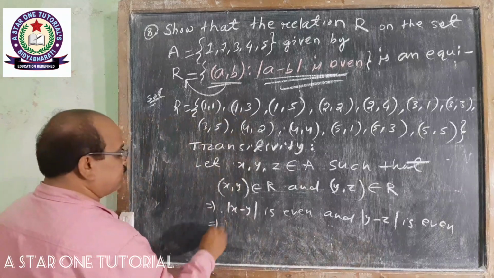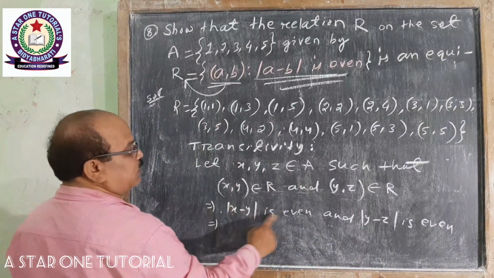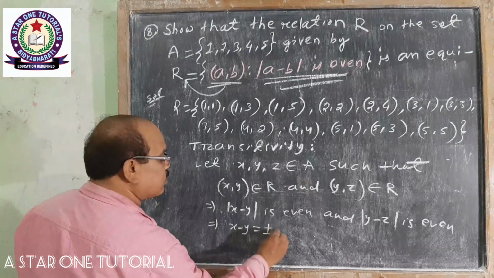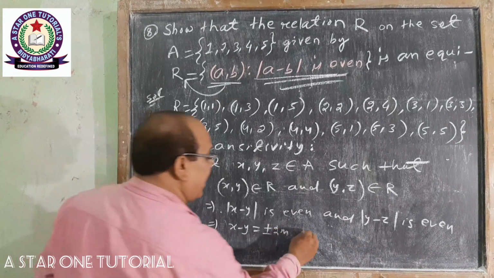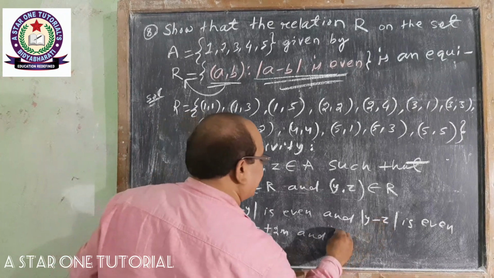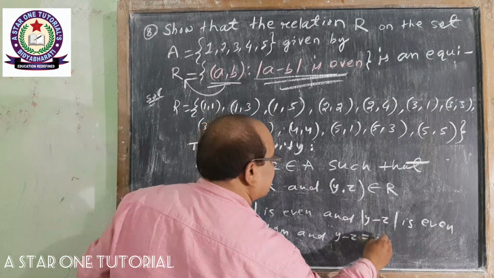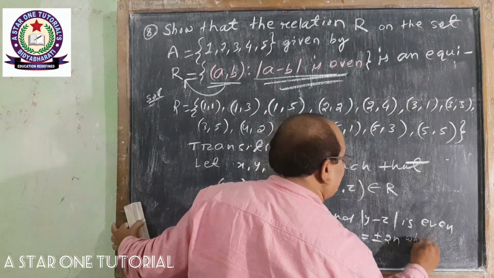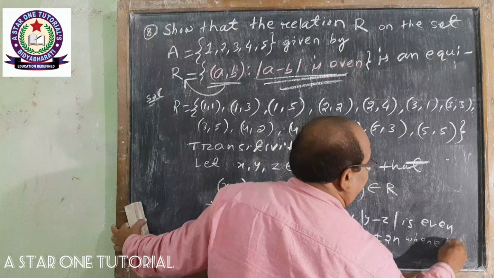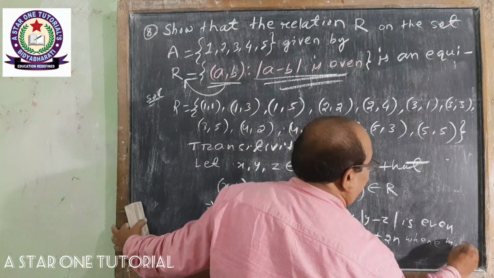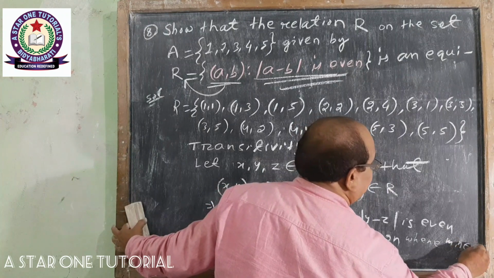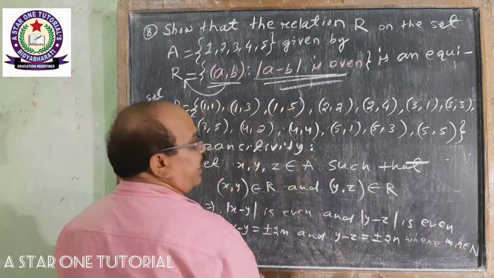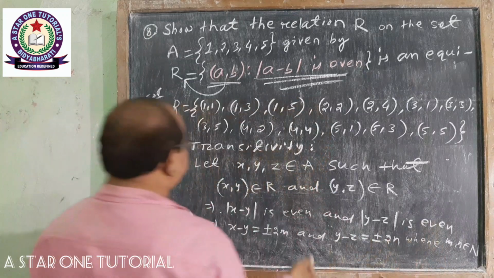So that implies we can write modulus of x minus y is even, which means x minus y is equal to plus or minus 2m, and y minus z is equal to plus or minus 2n, where m, n belong to the set of natural numbers. Okay.